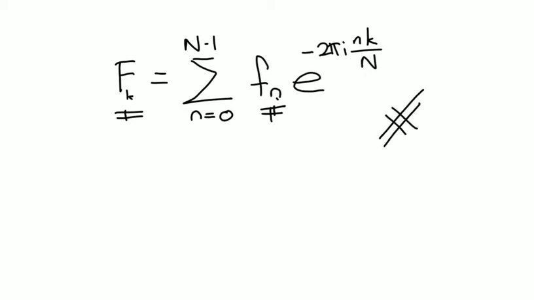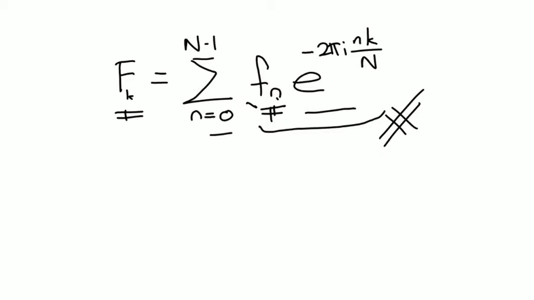Now the question is, how do we evaluate this summation? We're going to sum up terms that look like this: fn, which is a scalar value, since we assume a scalar data input, multiplied by this exponent. So how do we evaluate this?